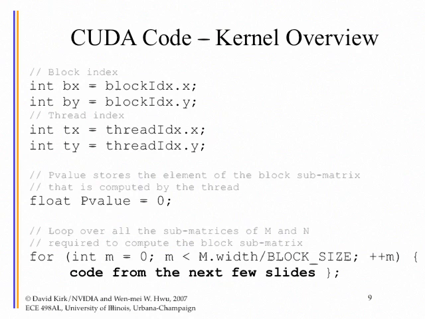And we're going to do an initialization, setting the P value to 0 in preparation for the matrix multiplication. And then we're going to loop through. This is the outer loop. It actually loops through all the tiles, because we're doing one tile at a time.